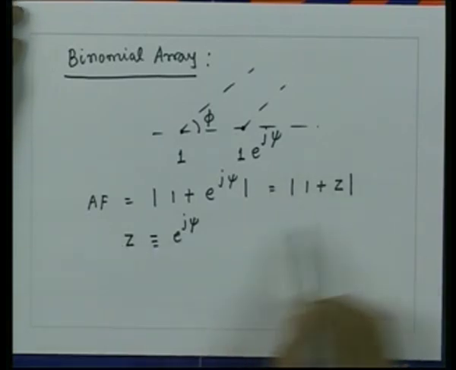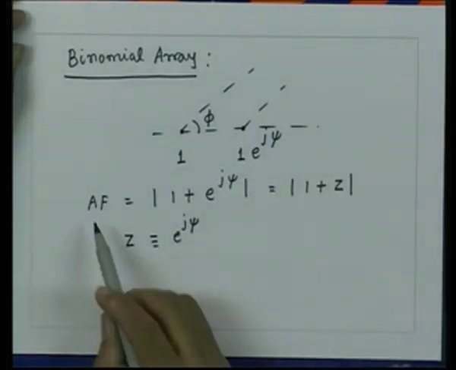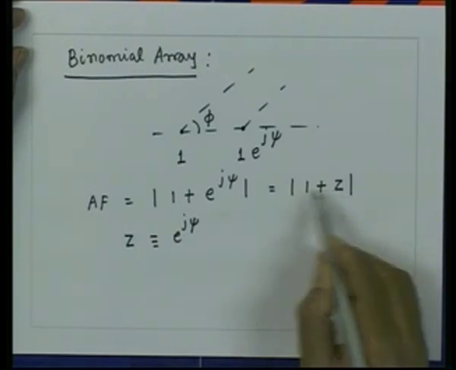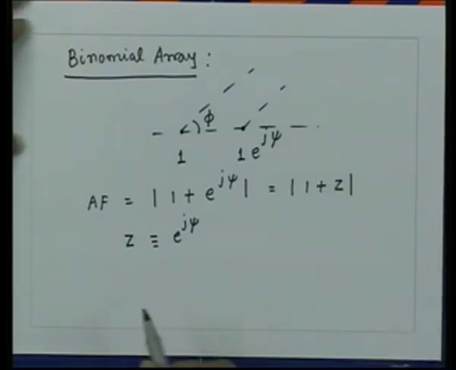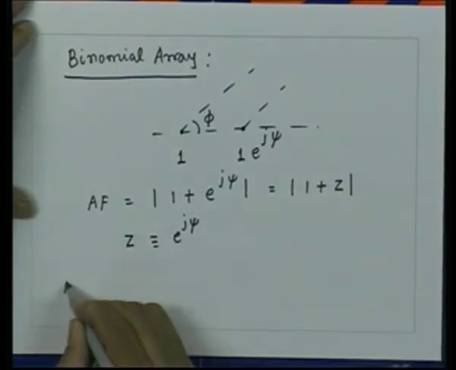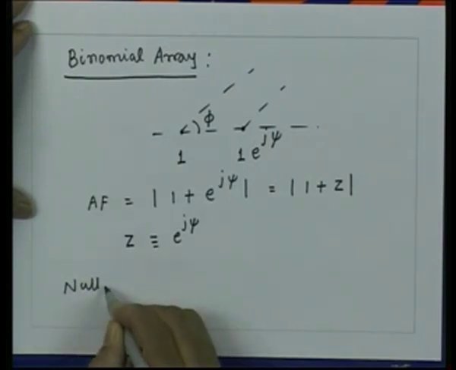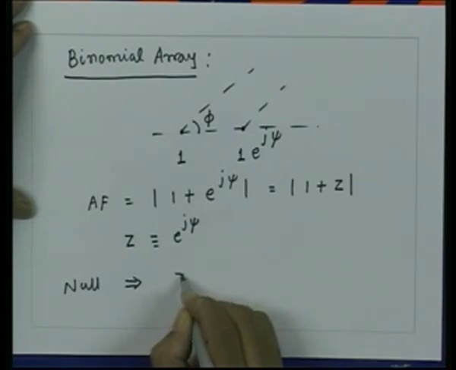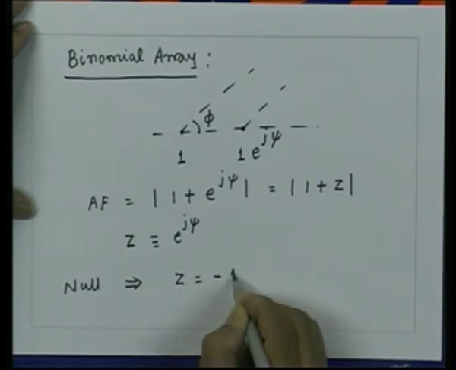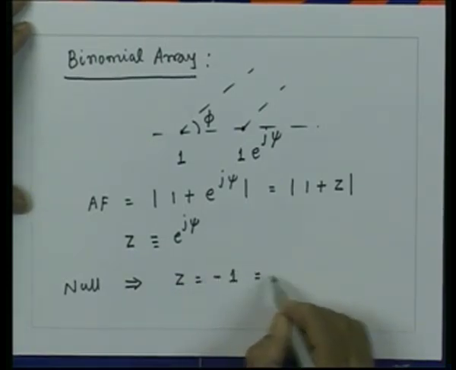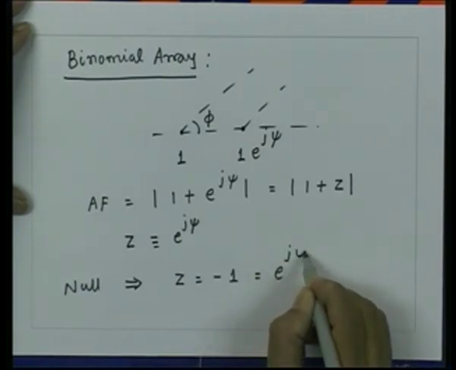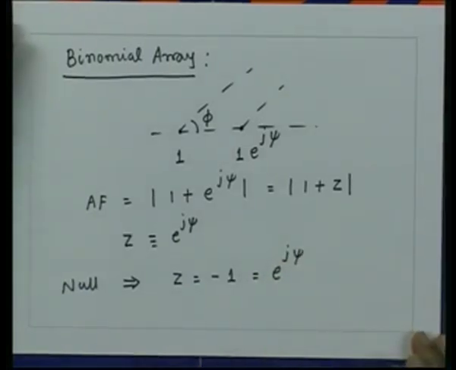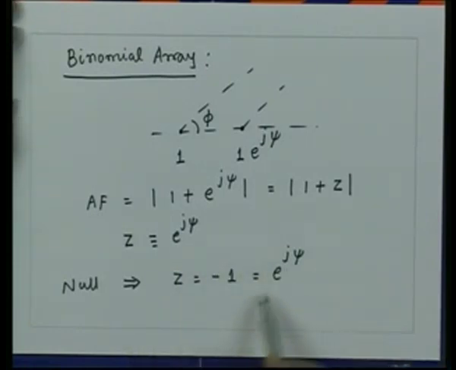Now, for this array, we have a null when z is equal to -1. So, when this quantity goes to 0, we have nulls. So, for this array, the null corresponds to z equal to -1, that is e to the power j psi equal to -1. Whenever this condition is satisfied, you get the null in the radiation pattern.